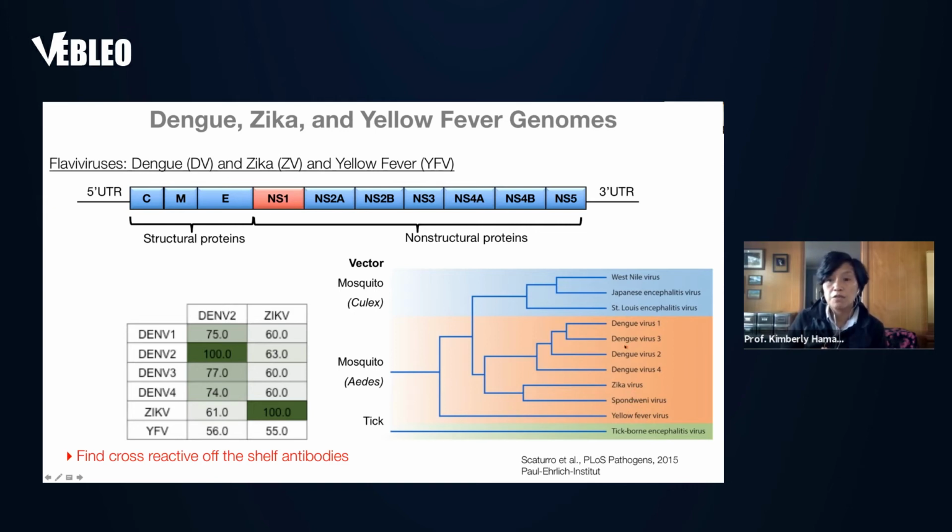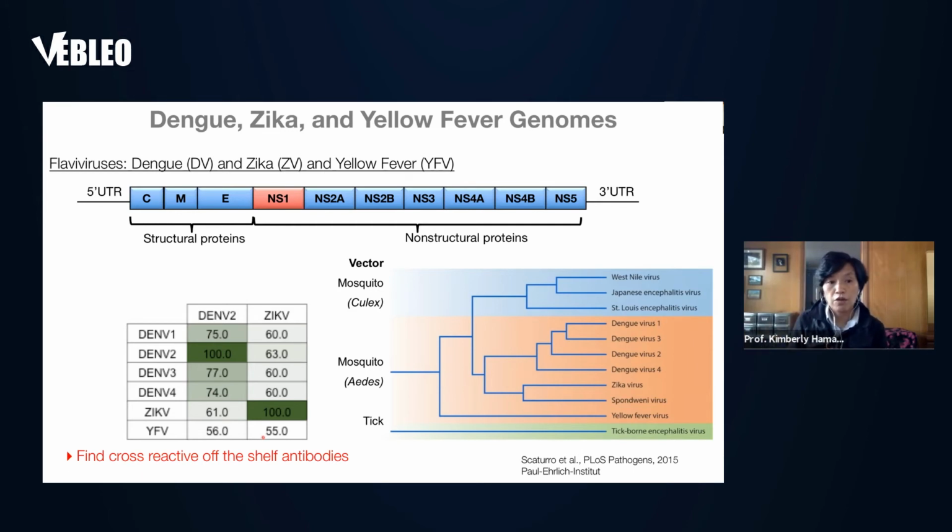So there's a potential for cross-reactivity. If we compare the sequences for NS1 for dengue, dengue 2, and Zika, we can see that there's high overlap with yellow fever, on the order of 55%. So this also confirms that there's high potential for cross-reactivity.